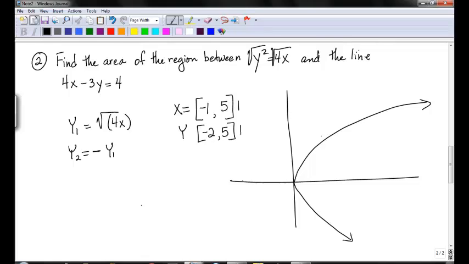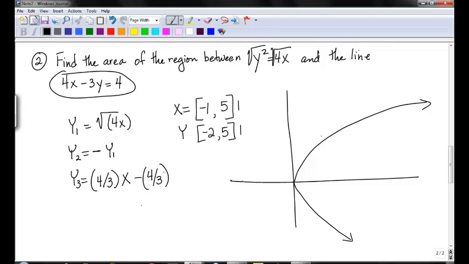Everybody okay with that? Okay, now we've got to solve this one. Okay, if you solve this one, and I'm going to help you out. On this one, if I solve that for y, I'm going to put in 4/3 x minus 4/3. If I solved it for y, that's what I would get.